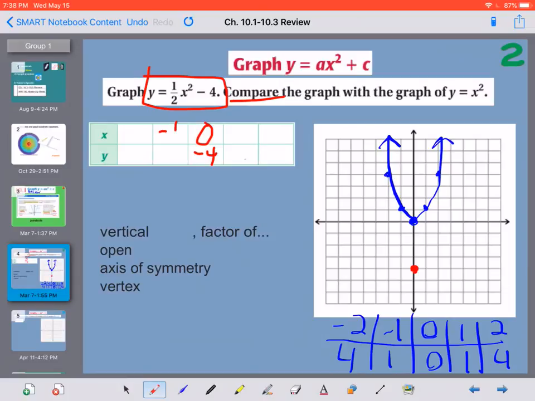Then if we put in negative 1 and 1, we'll get 1 squared, which is 1, times 1/2, which is 0.5, minus 4 gives us negative 3.5.